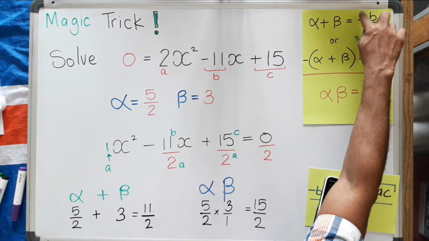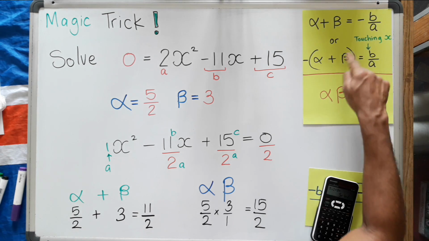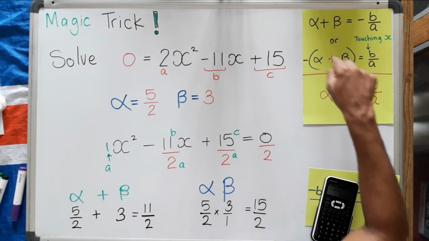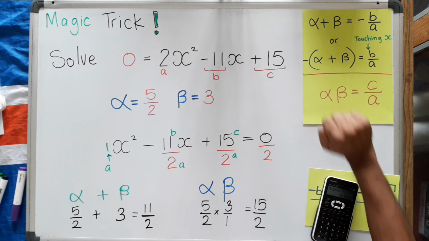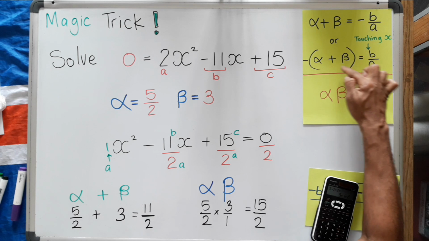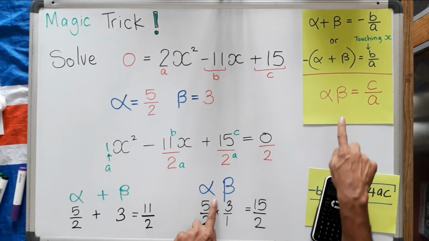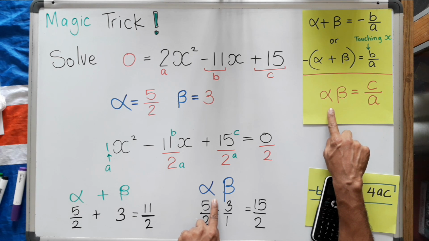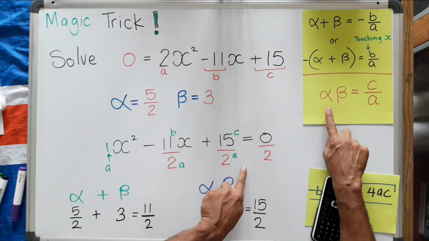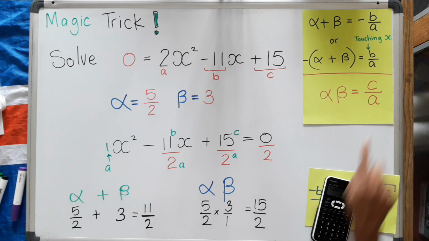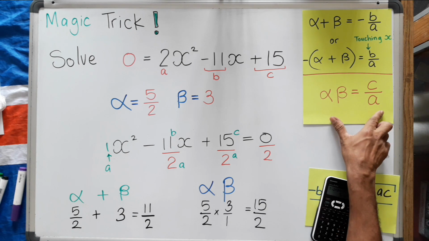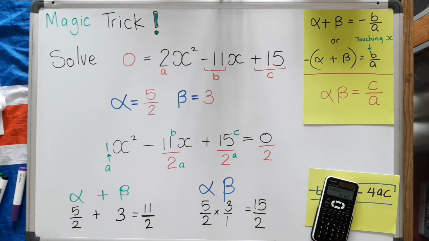Some textbooks would throw the minus sign on the other side. You notice if they throw the minus sign on the other side, the minus sign belongs to everybody on this side, so you have to put the whole thing in brackets and then the minus sign. And alpha multiplied by beta will give us c divided by a. So I'm going to leave the rules here, and we're going to do a couple of examples.